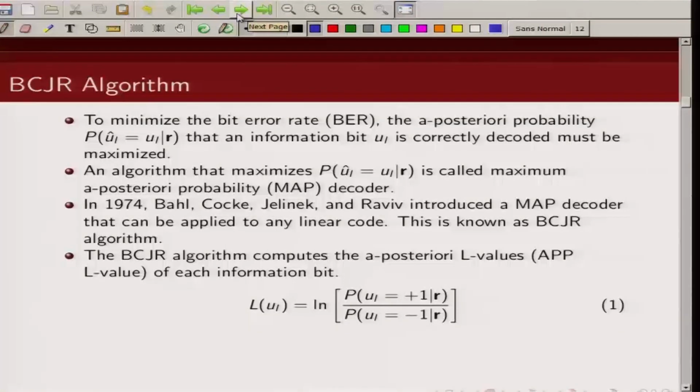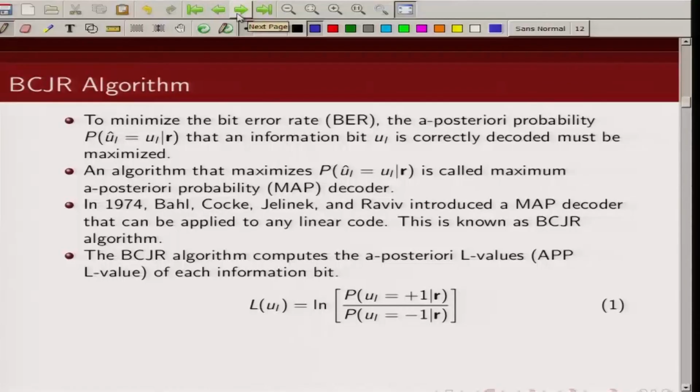The complexity of this algorithm was much higher than the Viterbi algorithm, and that is why it was not popular in the 70s, but in the late 90s, when concatenated codes and turbo codes came into the picture and we required soft estimates, these algorithms became very popular.